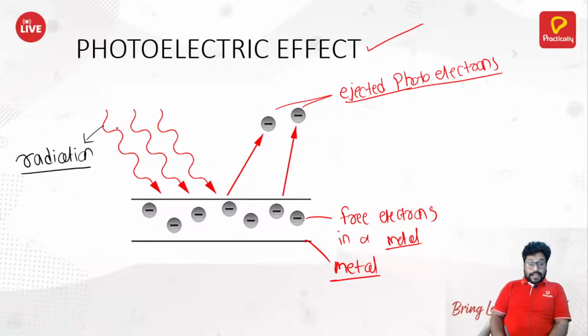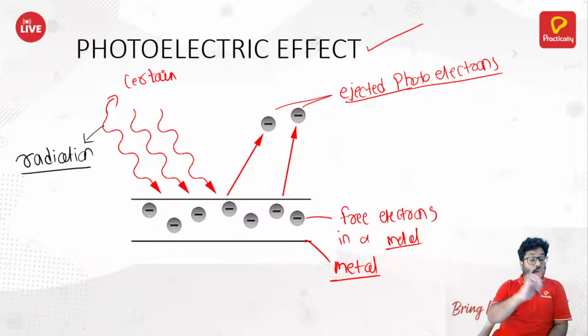It is not that you take any radiation, irradiate the metal with it, and the metal will immediately eject electrons. No, it will not happen that way. These electrons are under the attractive influence of the nucleus.